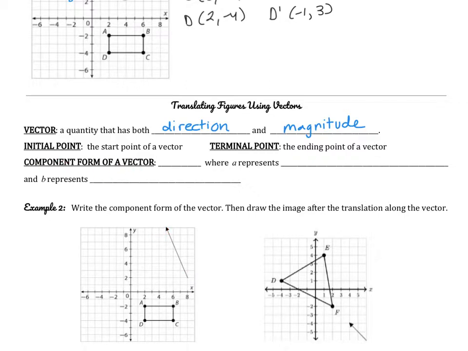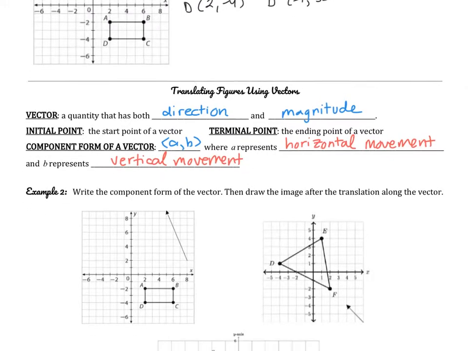So the way you write the component form of vectors, you use kind of a pointy parenthesis and then A, comma, B. So A is always going to represent horizontal movement, and B is going to represent vertical movement. So if you see a vector, it's essentially just telling you how much to move left or right, and then how much to move up or down.